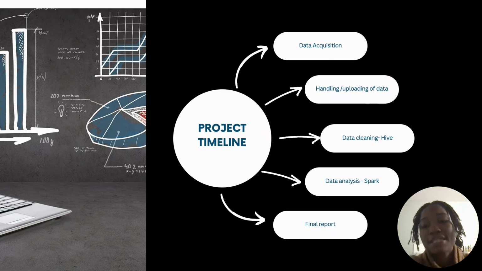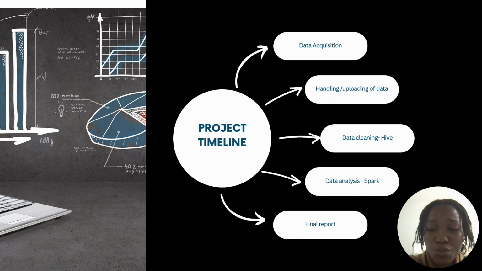Now, with my project timeline, I'm going to explain the steps that I took in regards to my data analysis. I began with acquiring the data, the data acquisition process, which I got through Kaggle, and I downloaded it onto my device. It was a longer process than I expected because of the size of the data.